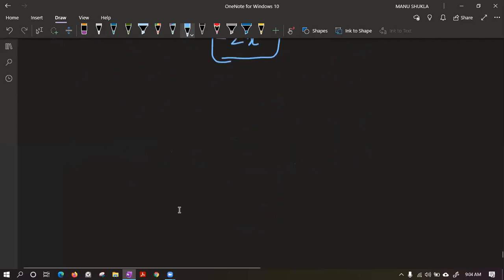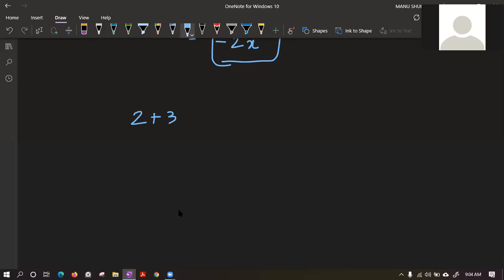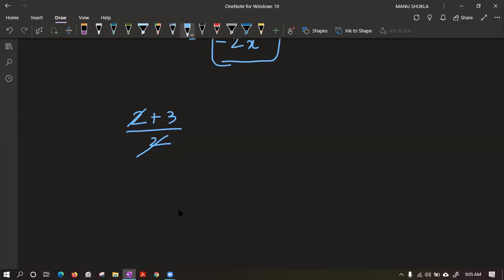Just let me show you. If you have 2 plus 3 upon 2, doing this is correct or wrong? Please tell me, class. Yes, Vardhan, we have to subtract the powers. I will tell you after this. Class, can we cut like this, 2 and 2? No, Hiteshri, it is wrong. Why can't we cut these two?